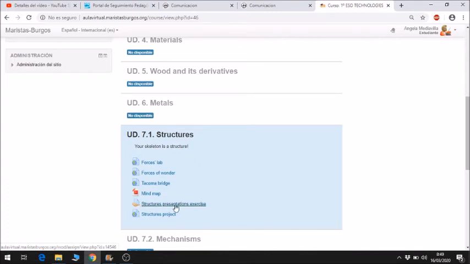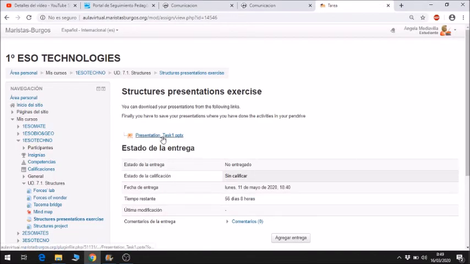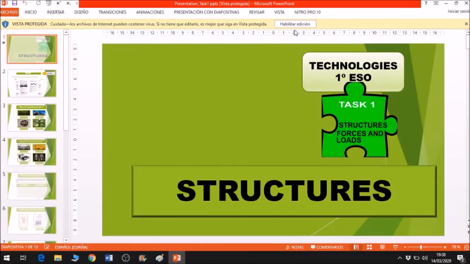Structures presentations exercise. Presentation task 1. Remember, when you finish the exercise, you must go to agregar entrega and give it to us. The first thing you have to do is press habilitar edición.